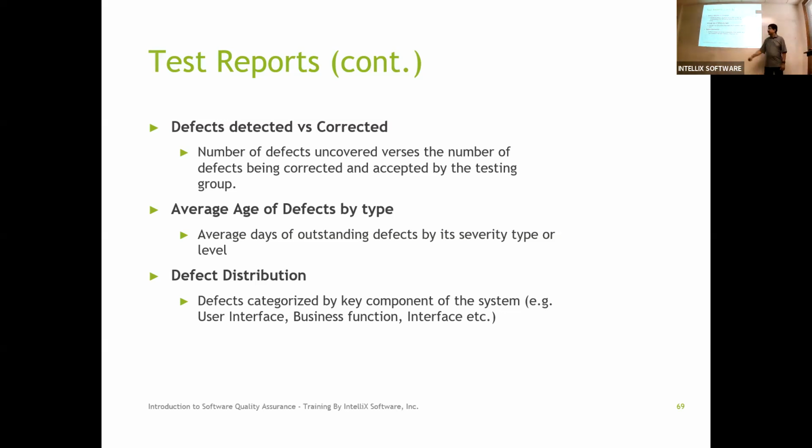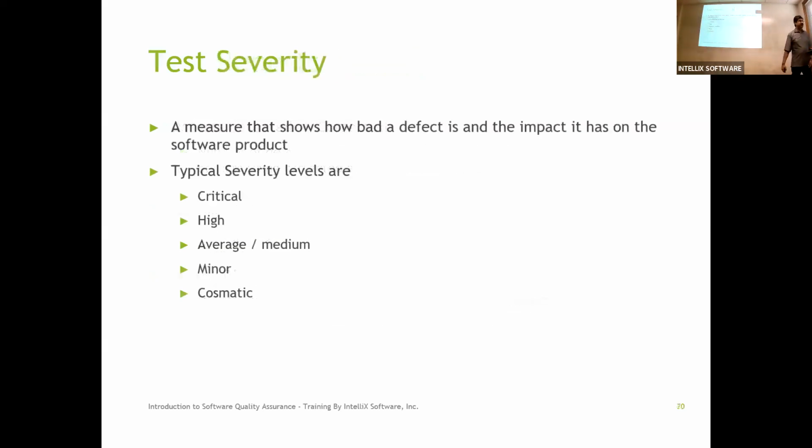We talked about the defect distributions. Another aspect in the test plan that you identified is how are you going to classify the severity of the defects? And how are you going to classify the categories of the defect? Those are two different things. Severity is typically whether it's critical, high, average, minor, or cosmetic.